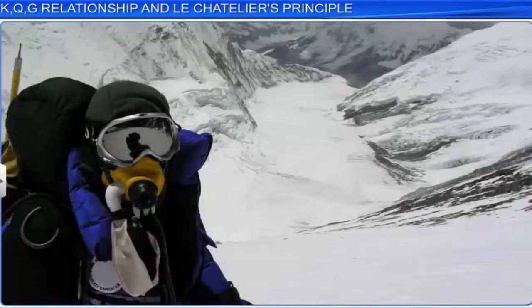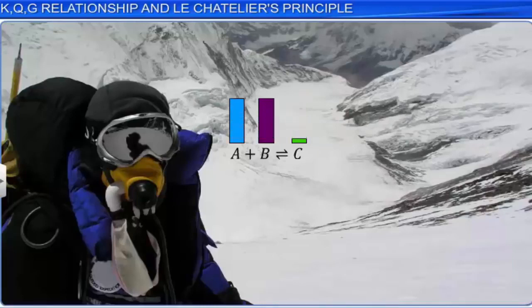Thus, we can say that if a system at equilibrium is subjected to a change in the concentration in one of the substances, then it no longer remains at equilibrium, and the equilibrium position shifts in the direction in which this change is reduced or nullified. A change in temperature or pressure may also alter the equilibrium.